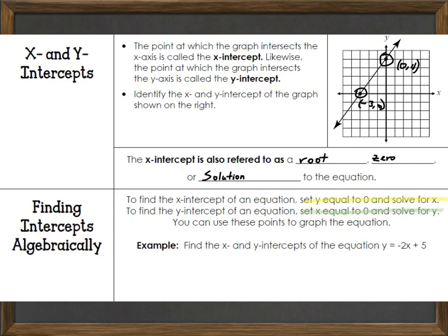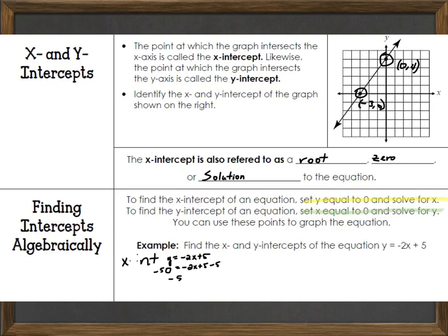So, for the x-intercept, we've got y equals negative 2x plus 5. And for the x-intercept, it says set y equal to 0. So you have 0 equals negative 2x plus 5. And then you're going to subtract 5 across.